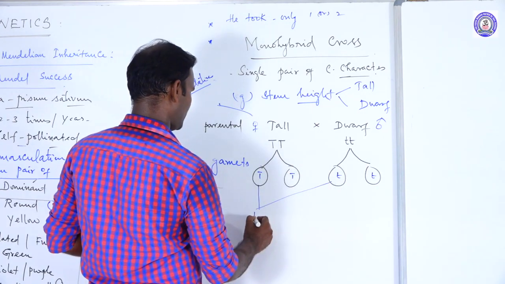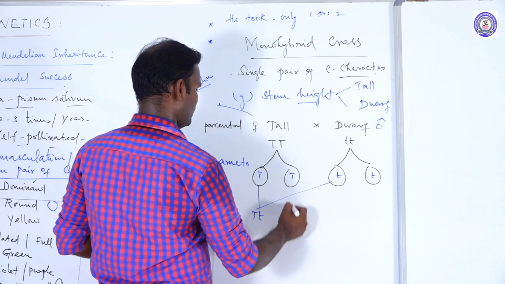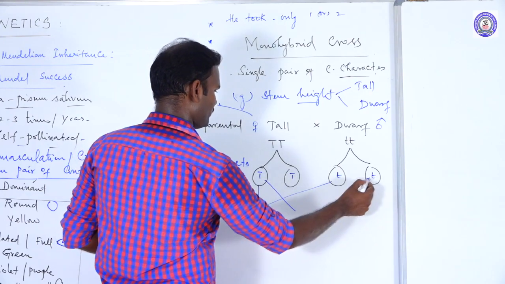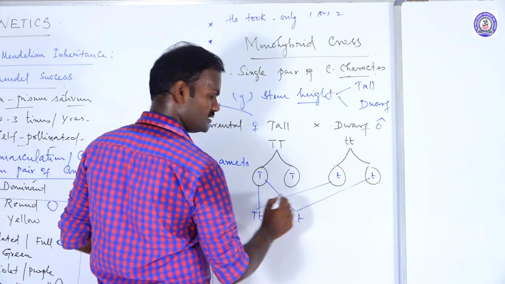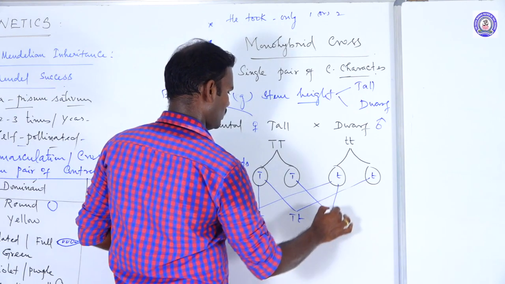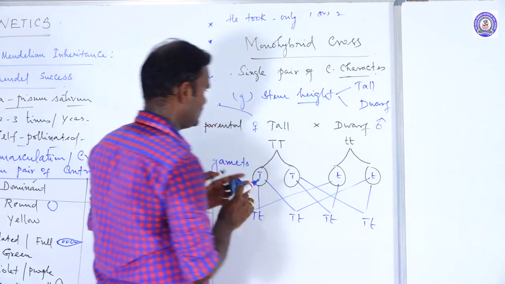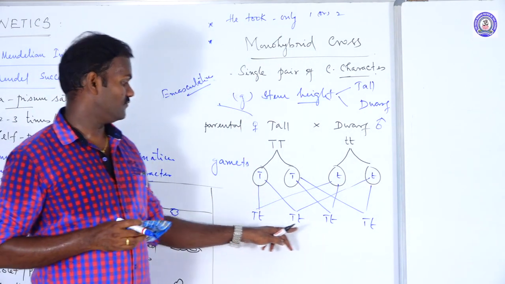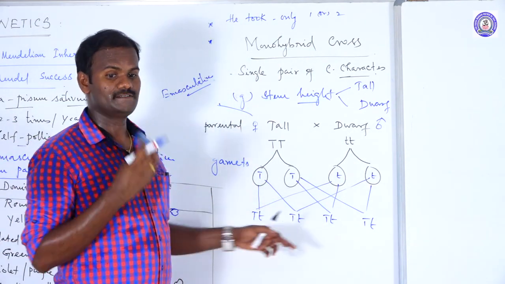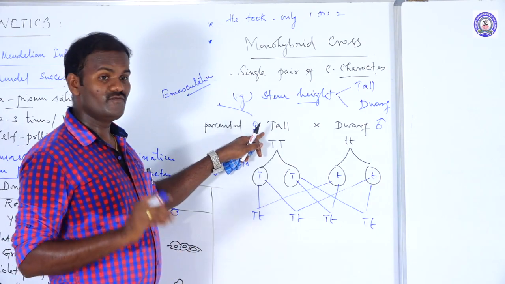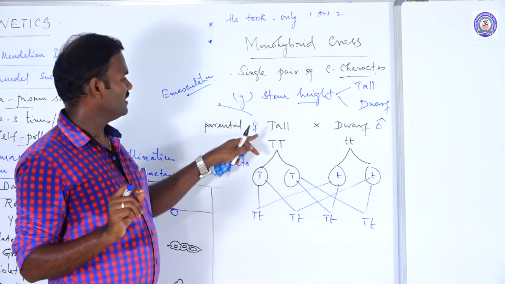Capital T, small t; capital T, small t; the next ones are the same, capital T, small t. So these are the genotypes of the offspring. Remember, what are phenotype and genotype?